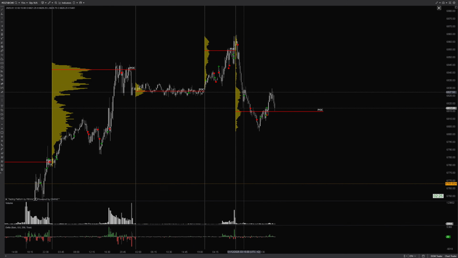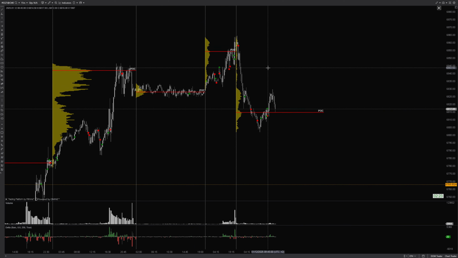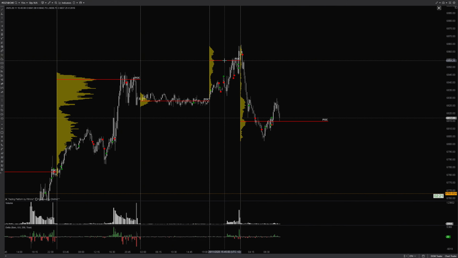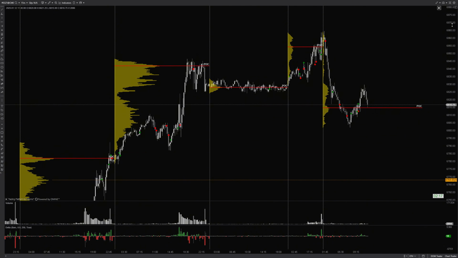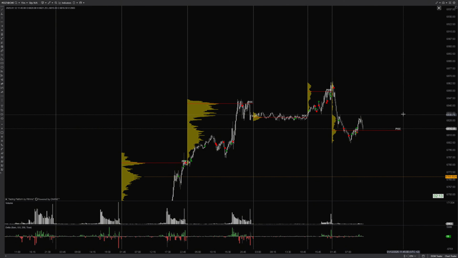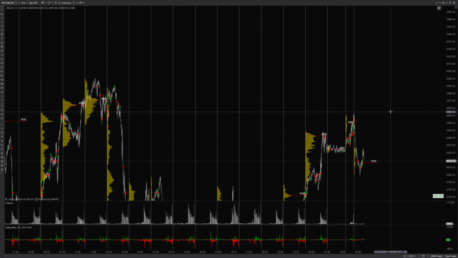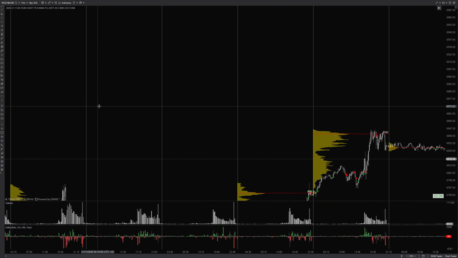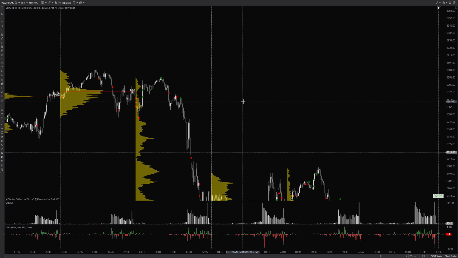POC on Thanksgiving Day also mitigated. And the POC from last Friday also mitigated. So these are the potential buy levels. Let's check out if there was also another level just above the high of the day.